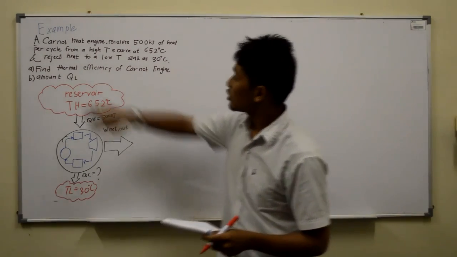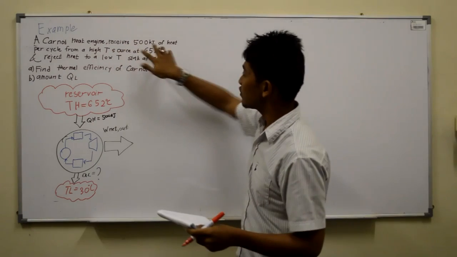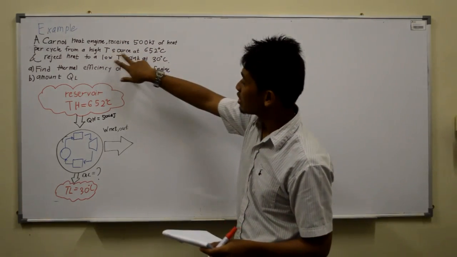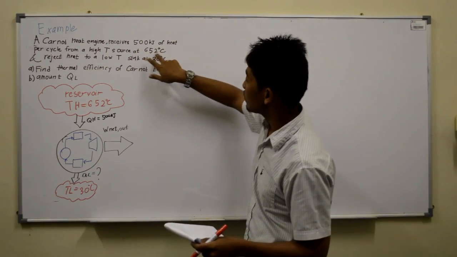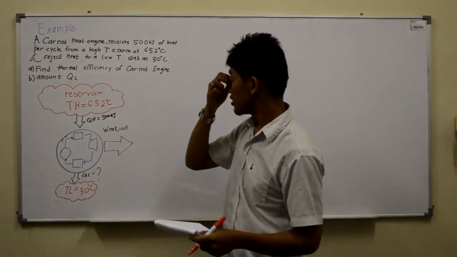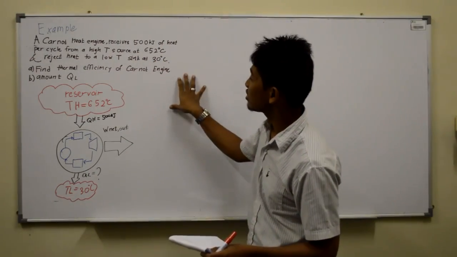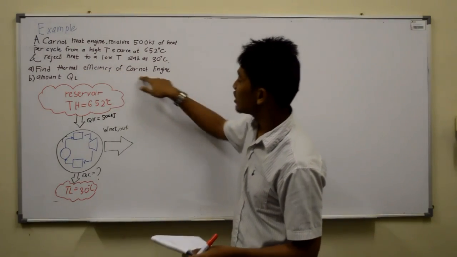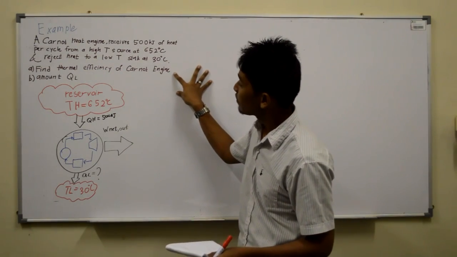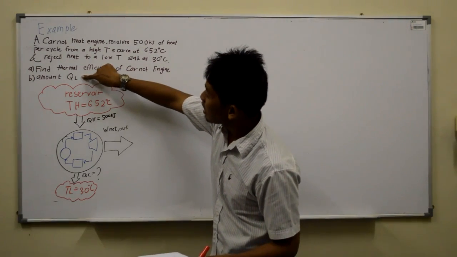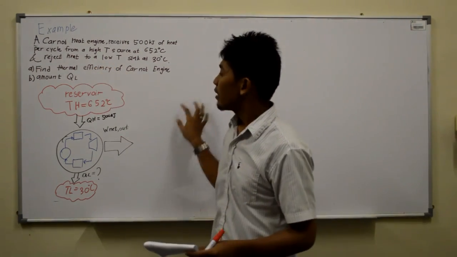Let's read this question. A Carnot heat engine receives 500 kJ of heat per cycle from a high temperature source at 652 degrees Celsius and rejects heat to a low temperature sink at 30 degrees Celsius. Firstly, the question asks to find the thermal efficiency of the Carnot engine. Then the next question is the amount of low heat QL rejected.